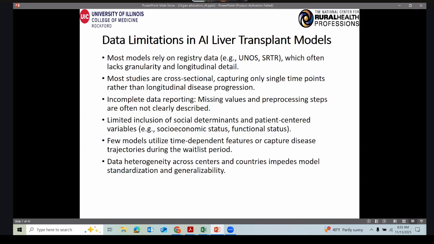So while AI is promising, the data limitations are real barriers to developing robust, generalizable, and fair models for liver transplantation. So there is a need to overcome these limitations. To overcome them, we will require collaborations and linking EHR data to improve data quality and including both clinical and non-clinical factors in future AI.